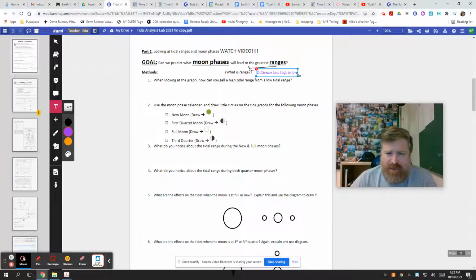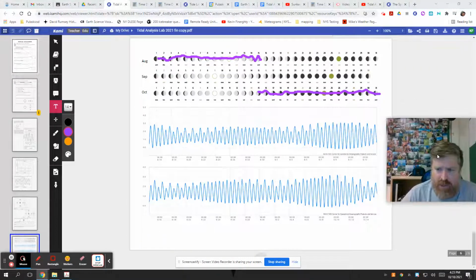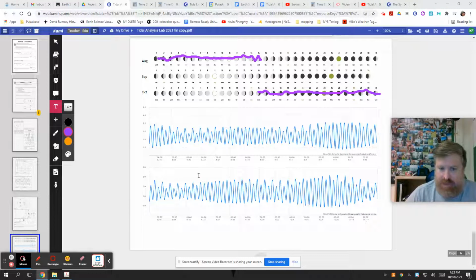So when looking at the graph, how can you tell a high tidal range from a low tidal range? Well, look at this graph now. Look at this blue line. Can you see where maybe it's a higher range, which means that it's going from way up to way down, versus a lower range where it's not going up as much, not going down as much? Now, you watched the spring tide versus neap tide time lapse video if you were in class, or it's on the survival guide as well if you weren't in class.